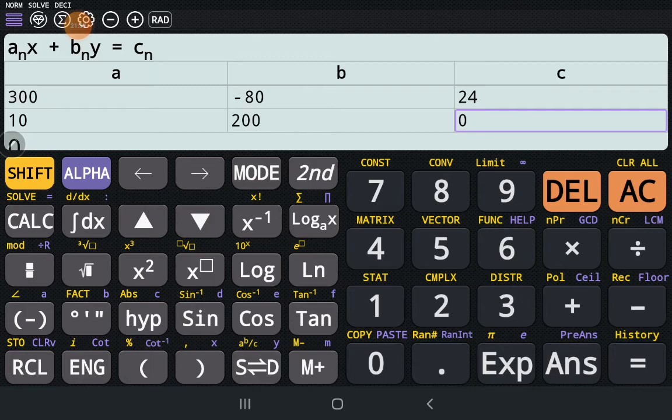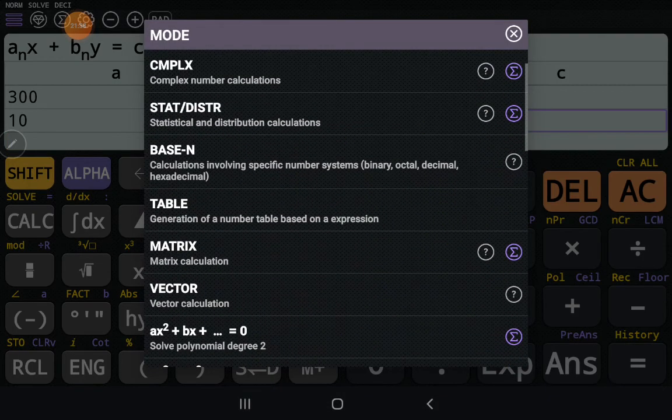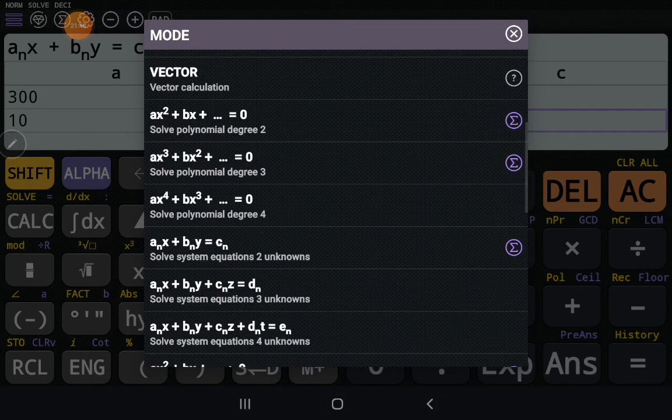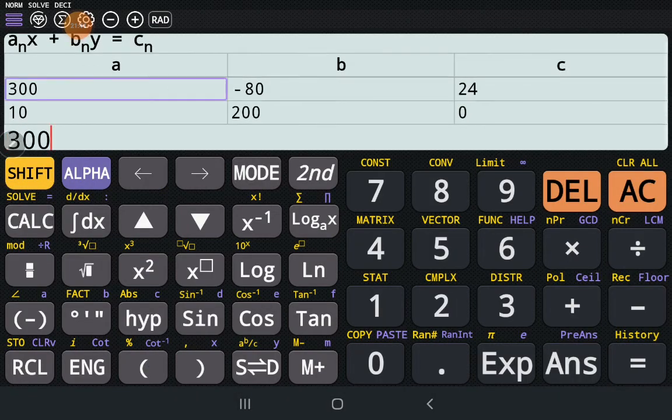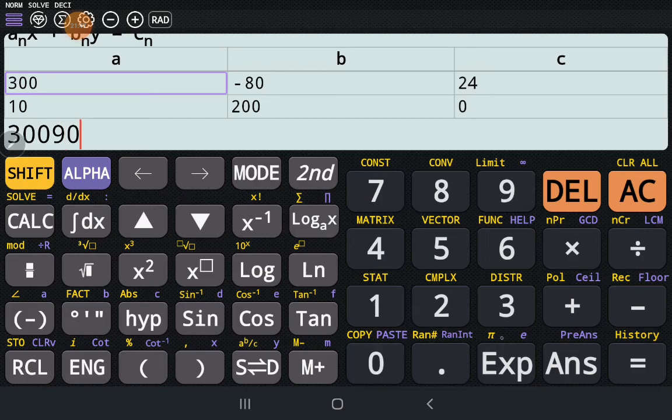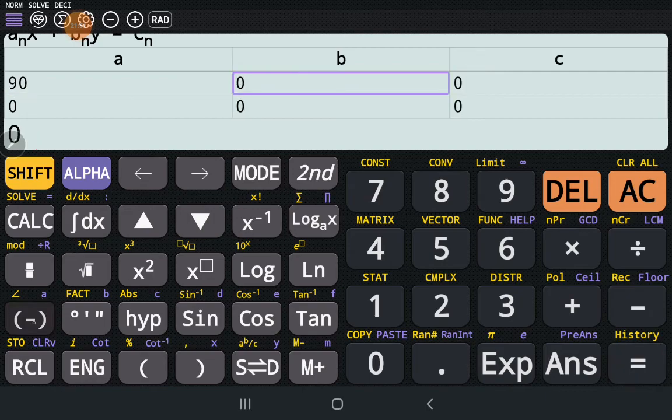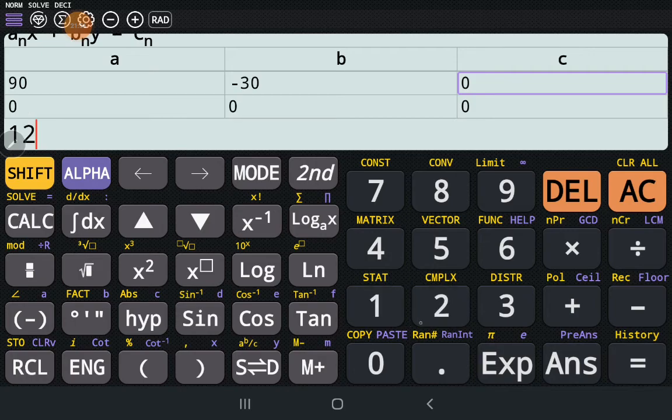Okay, but syempre using our resources, so mode. Okay, so dalawa lang yan, so 90, so ABC, so we have our 90 equals negative 30 equals 120.